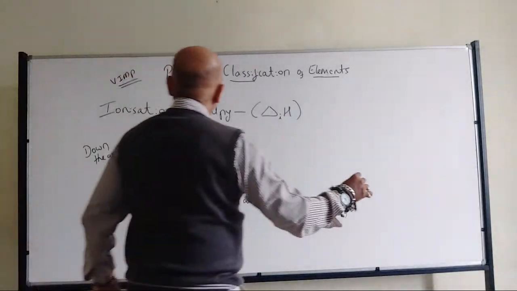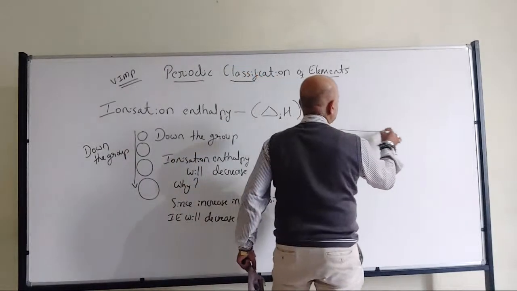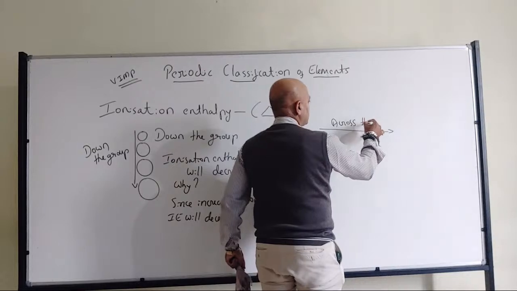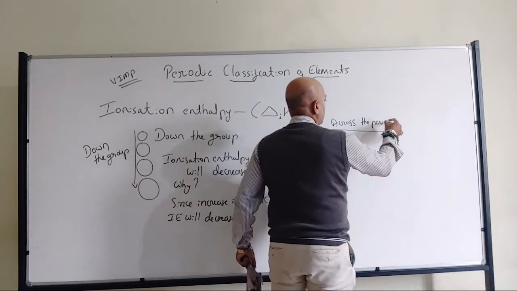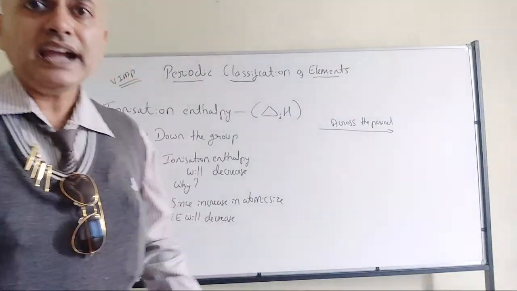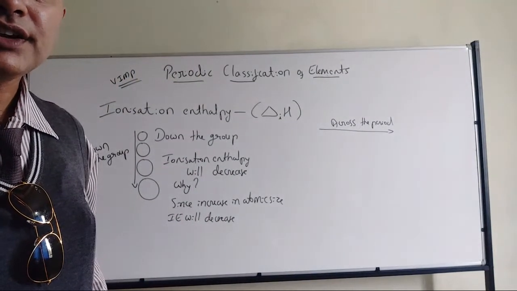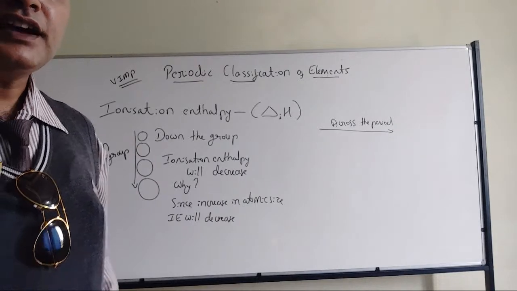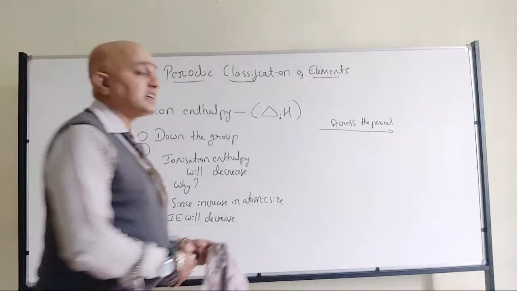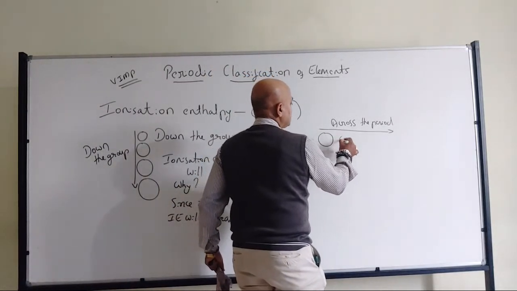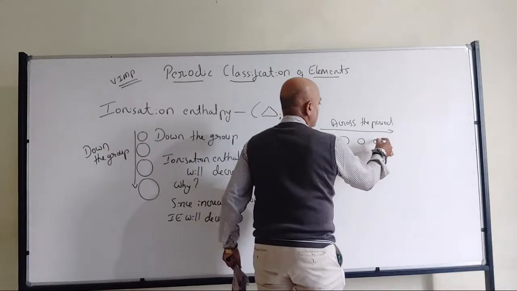Now can you tell me what happens across the period? What will happen to the ionization enthalpy across the period? Should it increase or decrease? Yeah, now you got the point. It should increase because there is a decrease in atomic size.